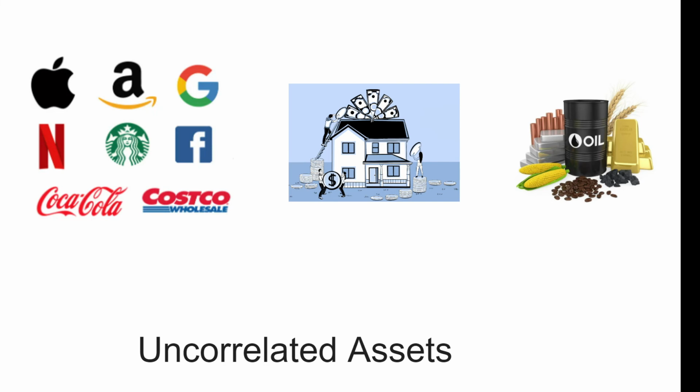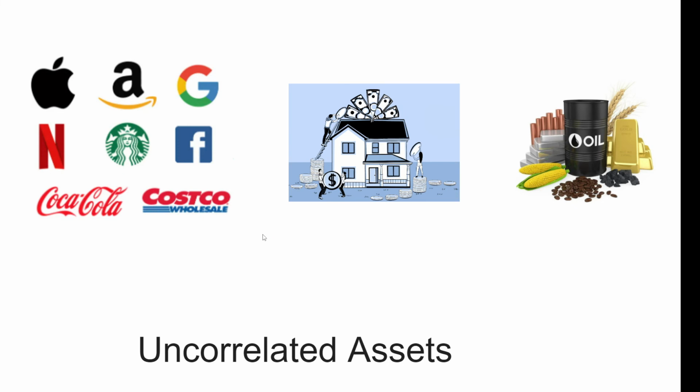So the reason why we are talking about uncorrelated assets is that when it comes to asset allocation, you want to invest in assets that are not correlated. That way you can minimize your risk of losing your money. So that's the main key takeaway from uncorrelated assets, right?